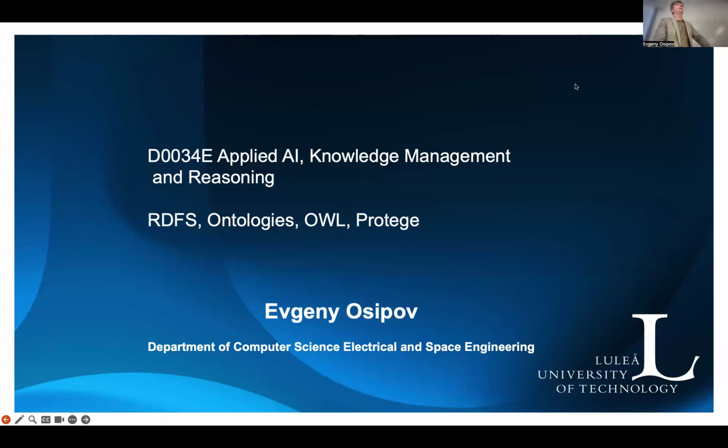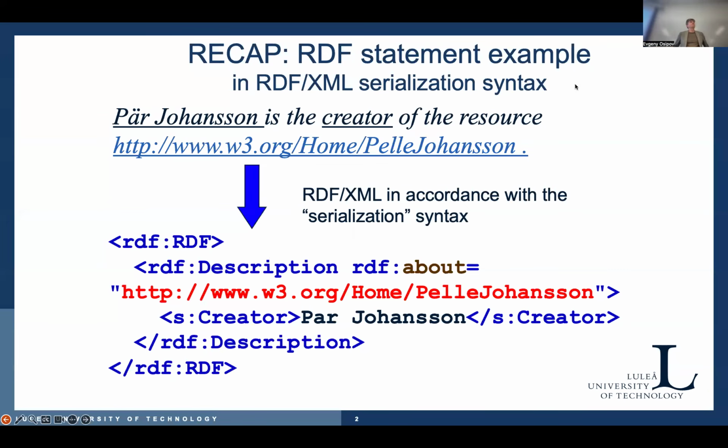So back to my initial question about the material of the last theory module. So we talked about something which is called resource description framework. So this is the main standard of semantic web. And it was created to what? Describe resources.